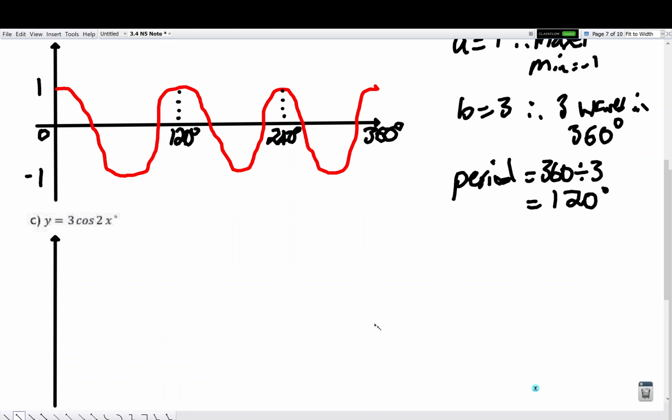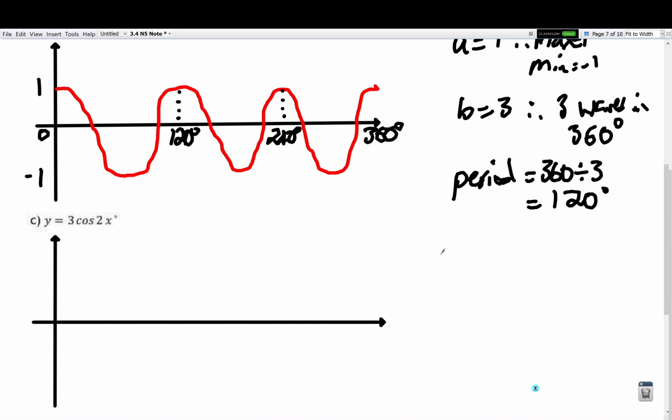Okay, so we are just drawing this axis here. Okay, information this time, the amplitude is 3, so A is 3, meaning we will have a maximum of 3 and a minimum of -3.